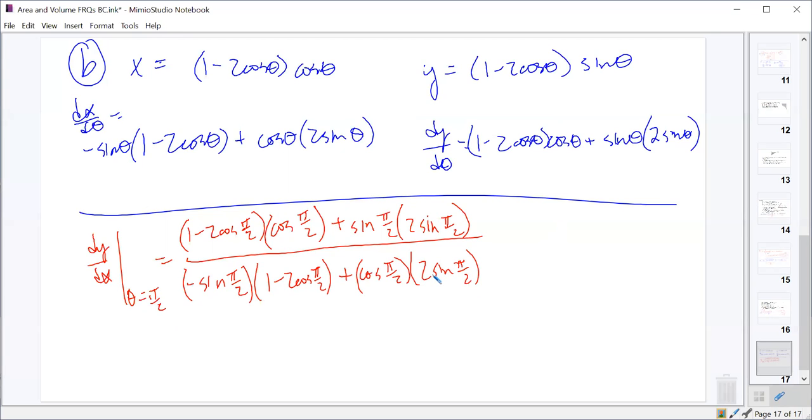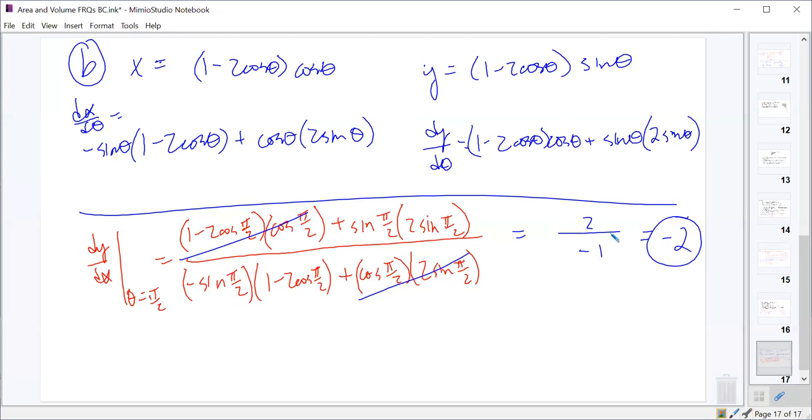Cosine of pi over 2 is 0, so those terms go away. That leaves sine of pi over 2, which is 1, times 2, so we get 2. Down here we get negative 1 times 1, which is negative 1. So we end up with negative 2 as our slope.